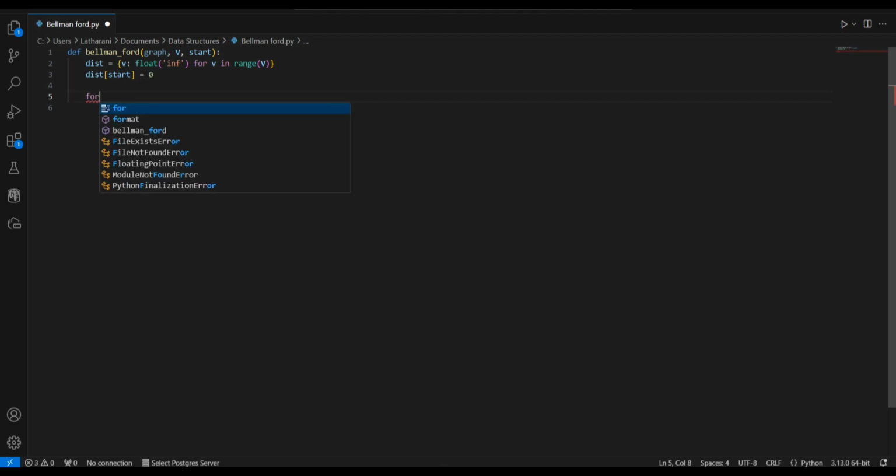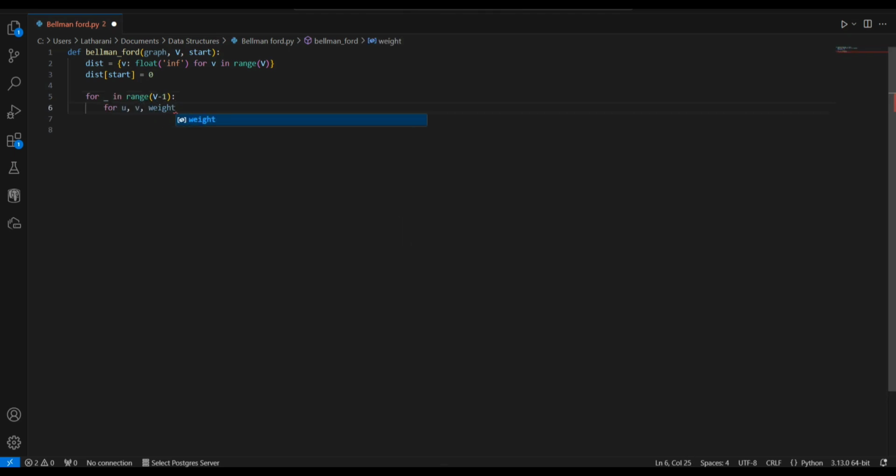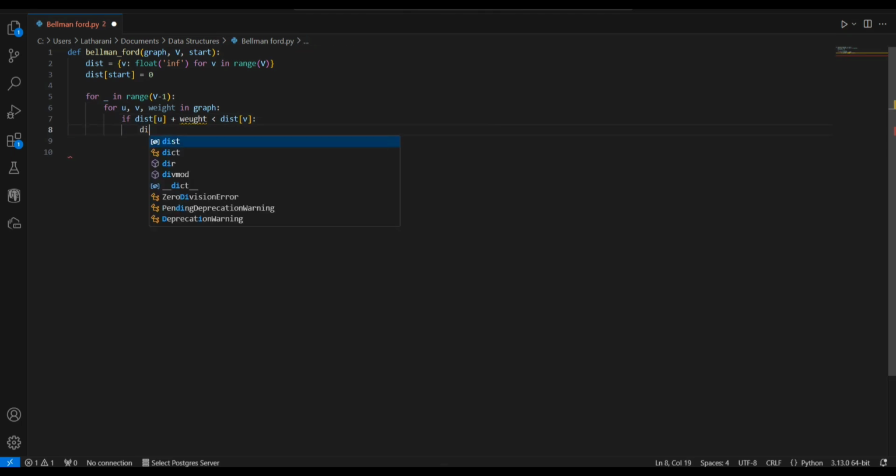Next, we write a for loop: for underscore in range V minus 1, for u, v, weight in graph, if distance of u plus weight is less than distance of v, then distance of v is equal to distance of u plus weight.